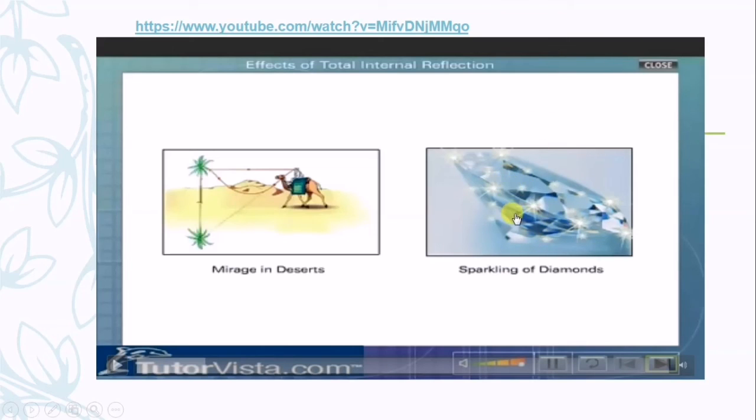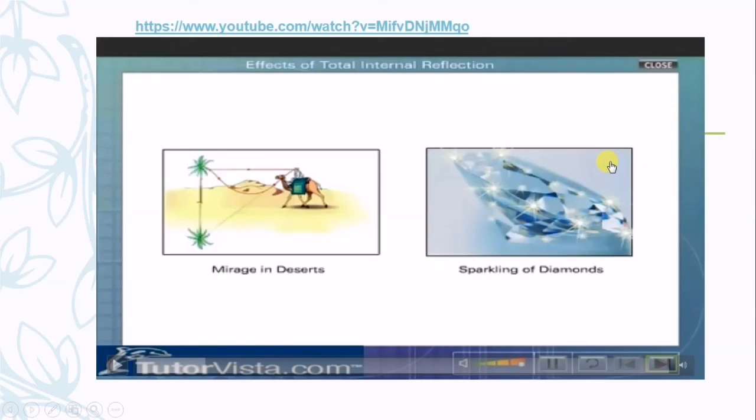This ray that enters the diamond makes many total internal reflections inside the diamond before exiting it. To exit it, the light must hit a side with an angle of incidence less than 22 degrees.